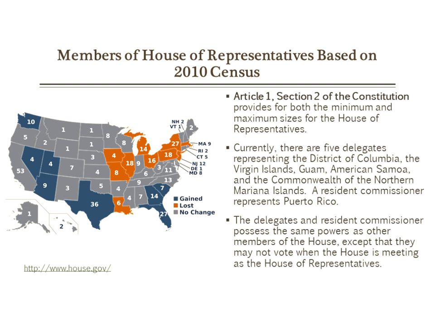Now, as far as the members of the House of Representatives, what I want to draw your attention to is this map, which is from the 2010 census. It's every 10 years, as you may recall, that we do a census. And based on that census, we reapportion, if you will, the members in the House of Representatives.